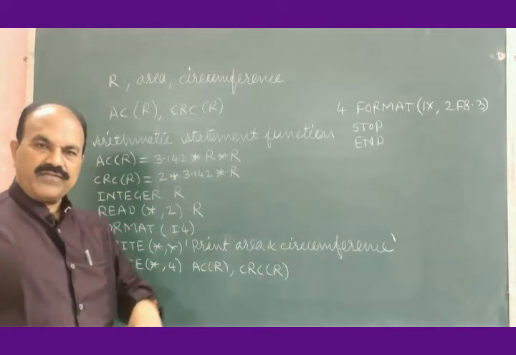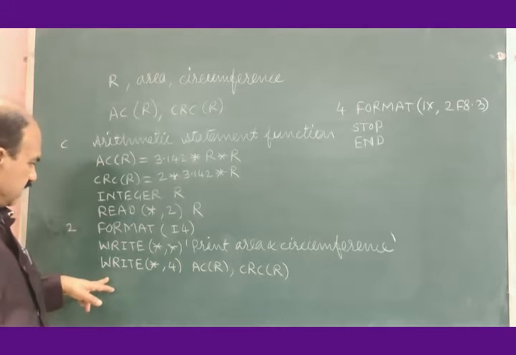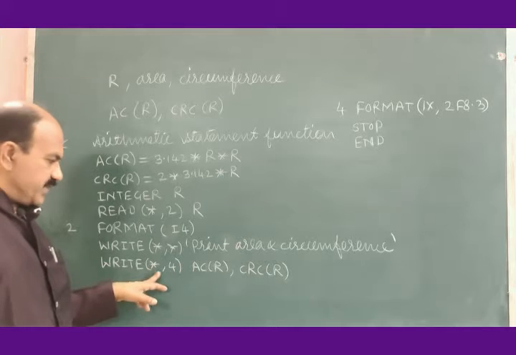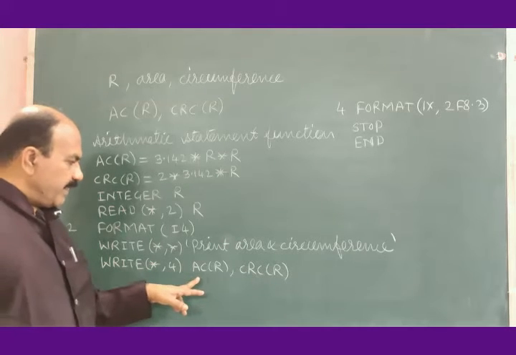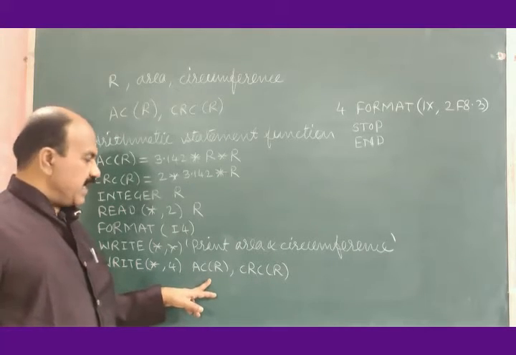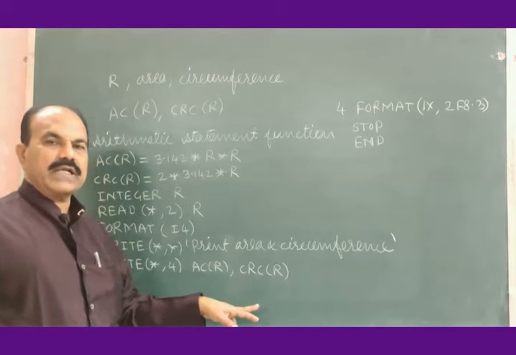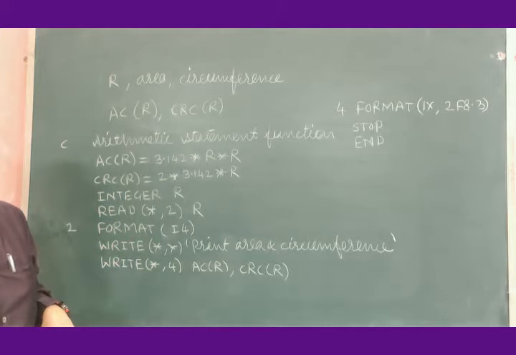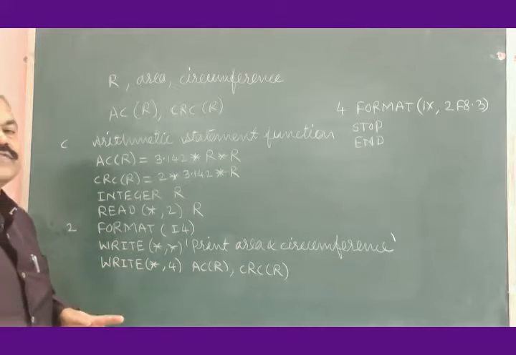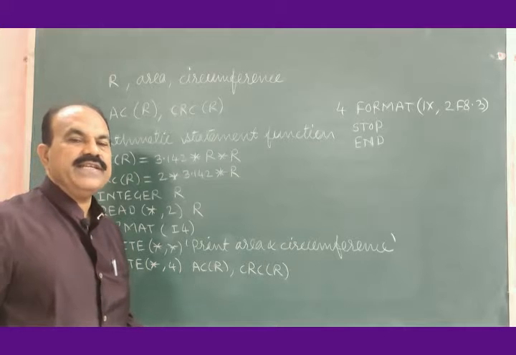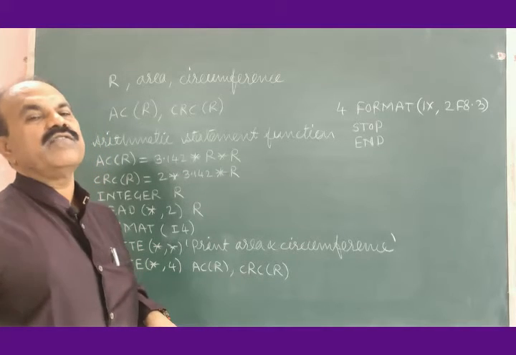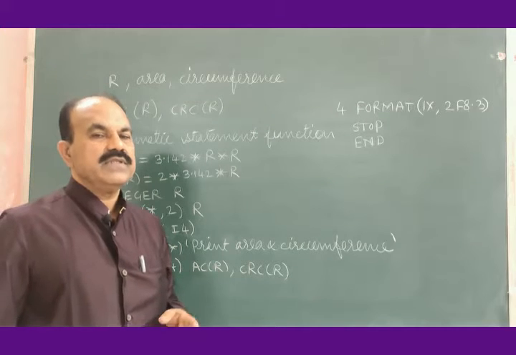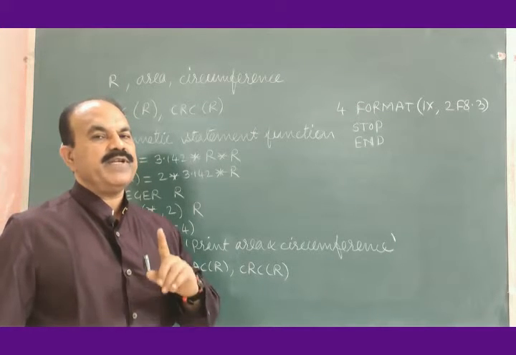Print area and circumference of the given circle. Write default output device, comma 4, AC of R, CRC of R. Format is that. Stop and end. This way we can find the area and circumference of a circle with the help of arithmetic statement function.